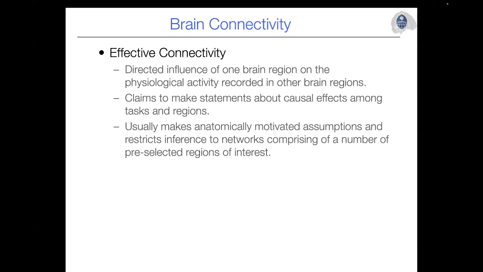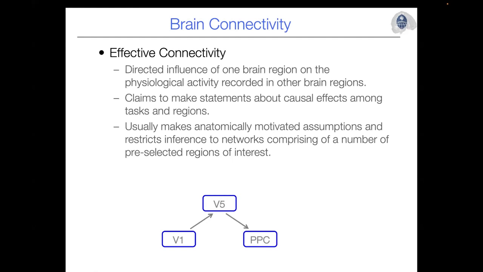The goal is to make causal claims about how tasks and regions are related. So V1 gives rise to activation in V5, which gives rise to activation in PPC. This is much more ambitious, right? Because in functional connectivity, we're interested in correlational things. In effective connectivity, we're interested in more causal things.